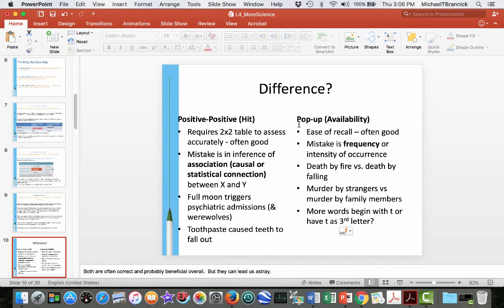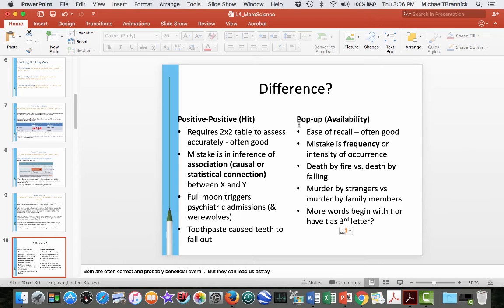So my story about toothpaste and my grandmother's teeth falling out. The toothpaste caused the teeth to fall out. So there's that association there because those are the two memorable things. Pop-up, for availability, has to do with ease of recall. And I should say that oftentimes things that we see go together are associated.